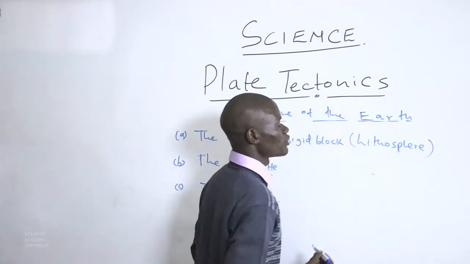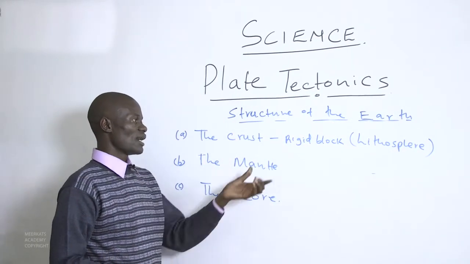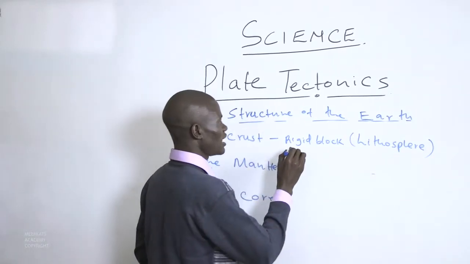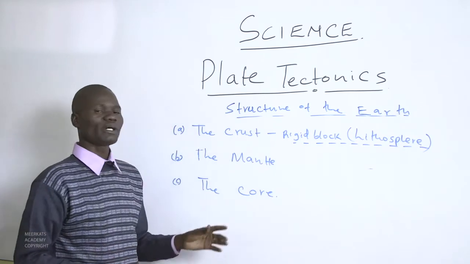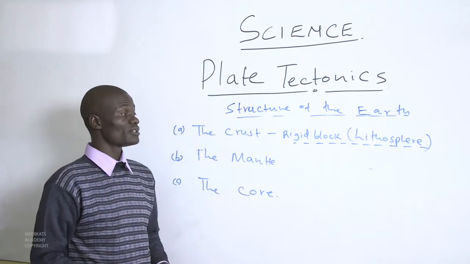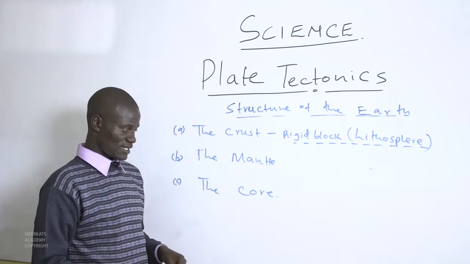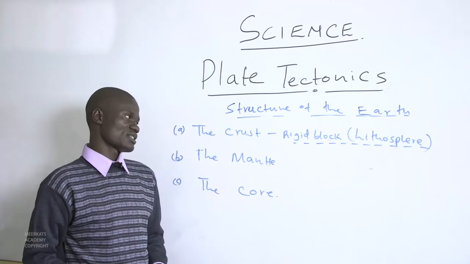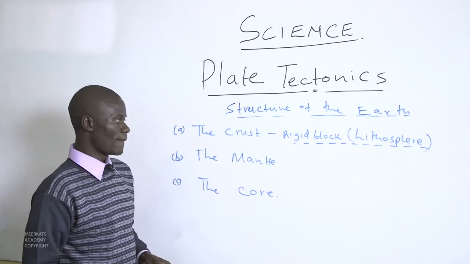It is the outermost layer of the Earth's structure. It is on this layer that many human activities operate, including the forces that work on Earth's surface. Those are endogenetic forces, the forces that work within the crustal part.